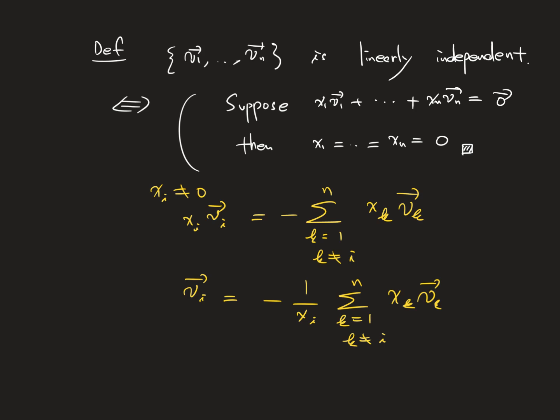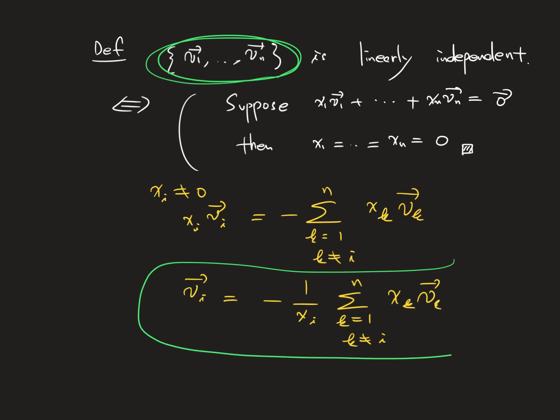So we can represent vi as a linear combination of other vectors. That shows that the vector vi is not essential, because it could be generated using other vectors. In this case, we say the n vectors are linearly dependent, because one vector could be generated with the other vectors.